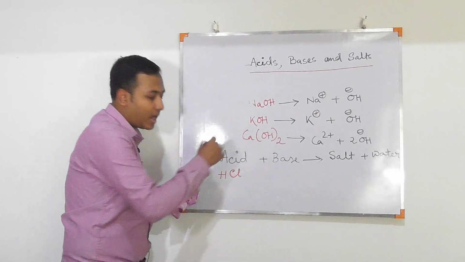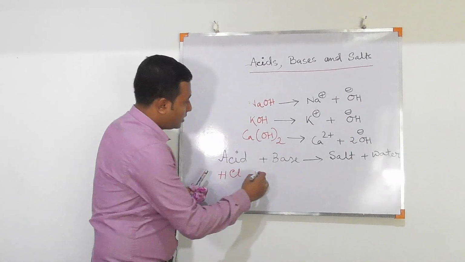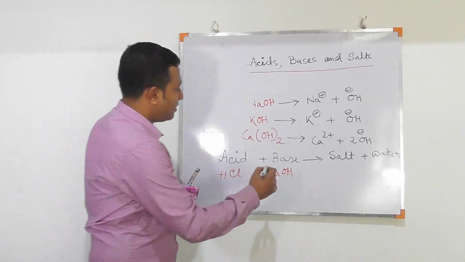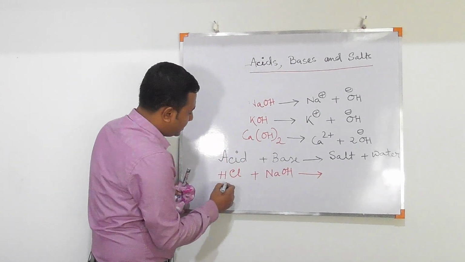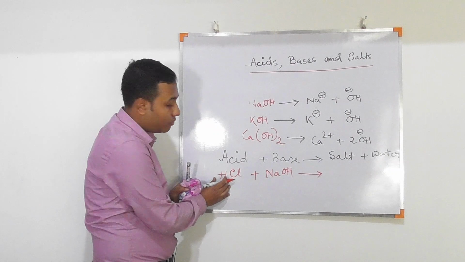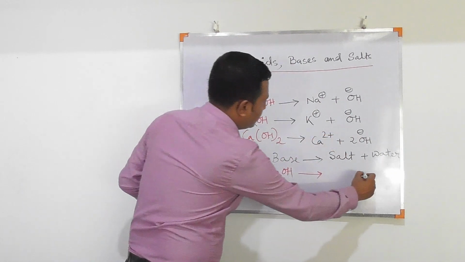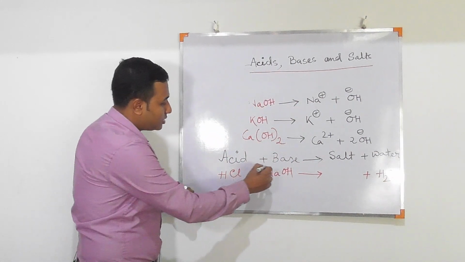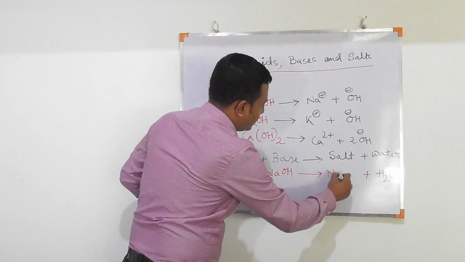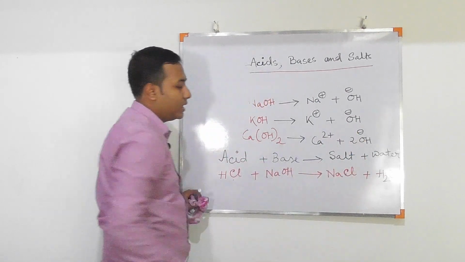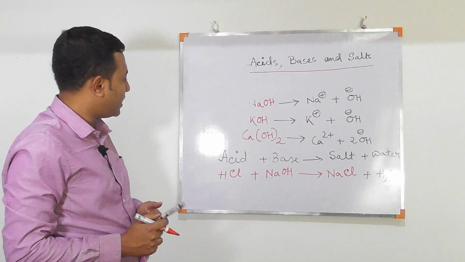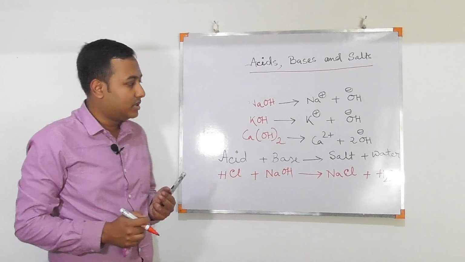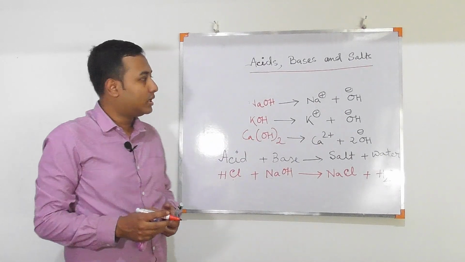If hydrochloric acid reacts with sodium hydroxide, what happens? Here H plus, which is coming from the acid, reacts with OH minus to give water. The remaining ions, that is Cl minus and Na plus, react with each other to give NaCl. So this is how an acid can react with a base to give salt and water.